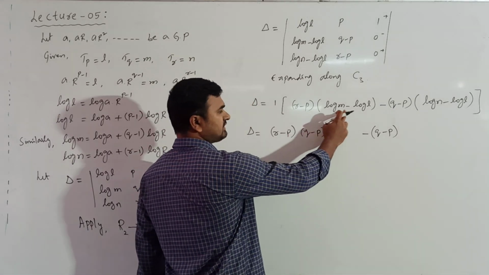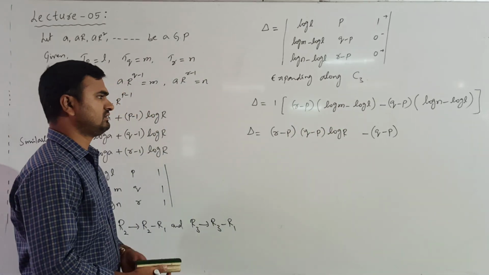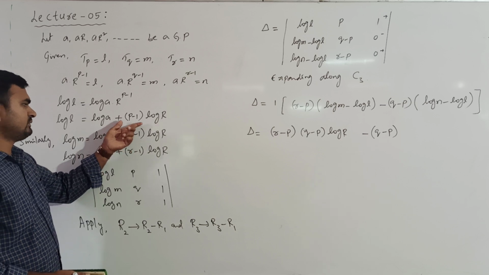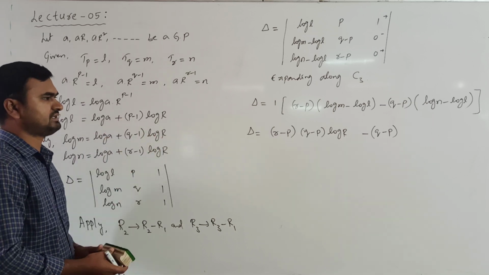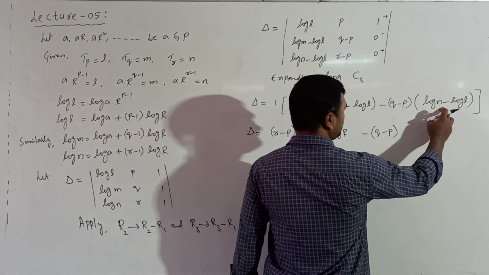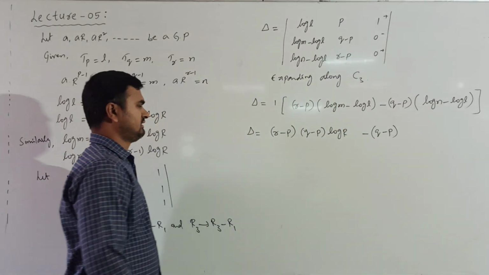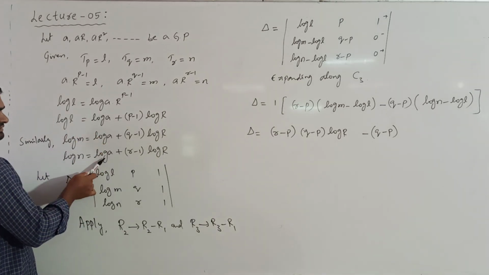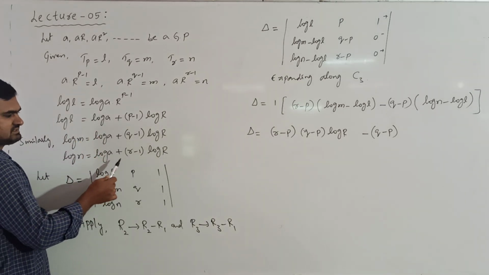Now we need Q minus P into log N minus log L. In this difference, log A will get cancelled.